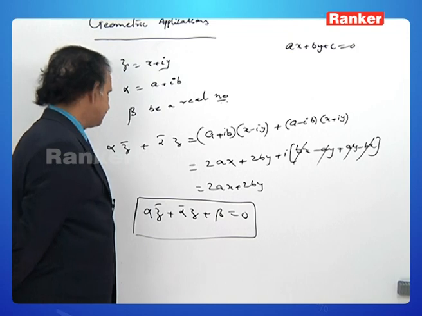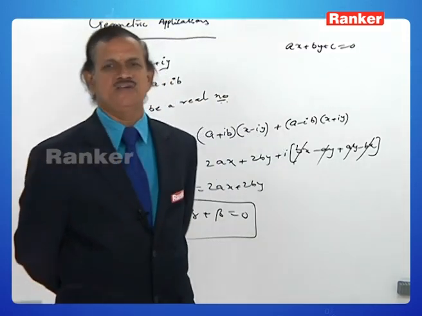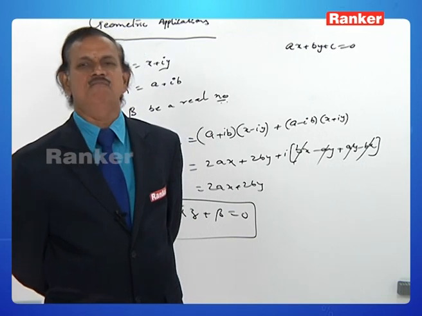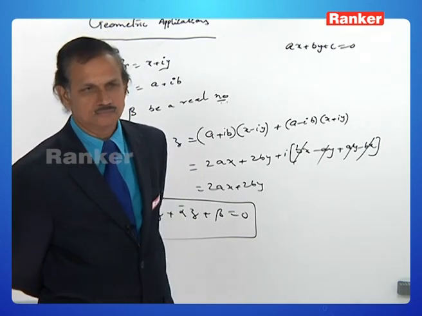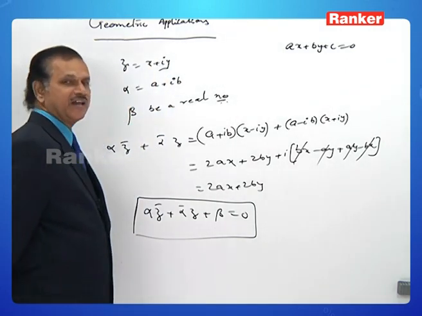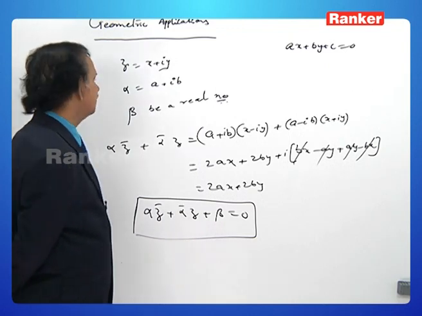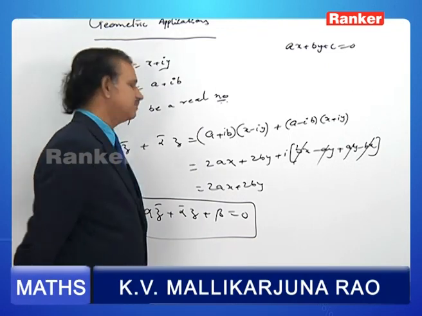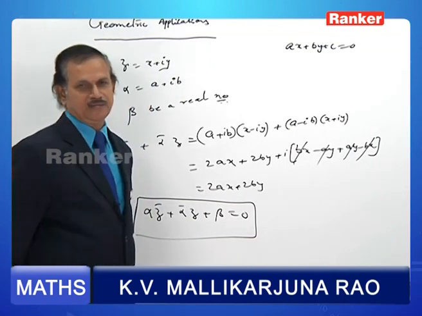So hereafter, what is the standard equation of a straight line? Alpha z bar plus alpha bar z plus beta is equal to 0, where alpha is a non-real complex number, and beta is a real number. It is the most standard form of an equation of a straight line.